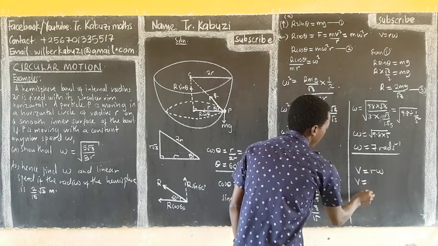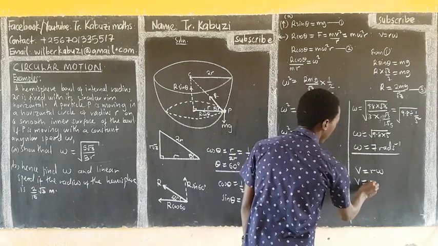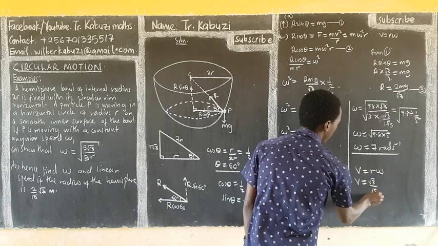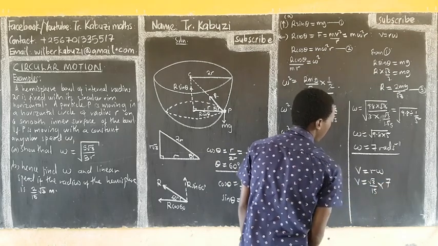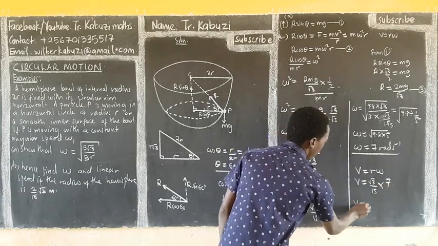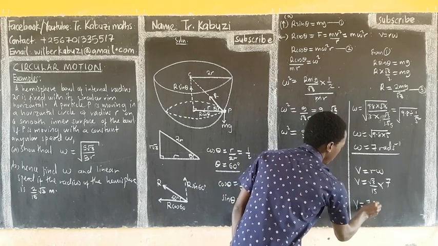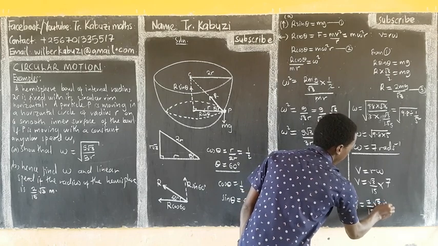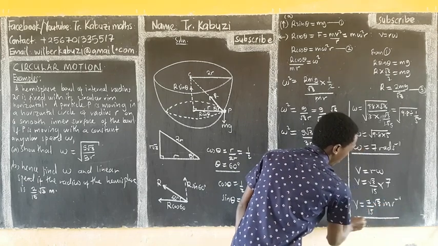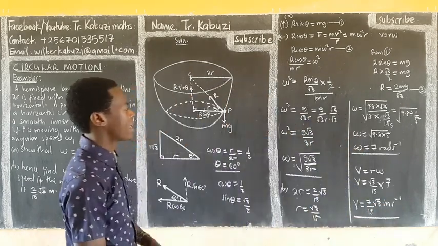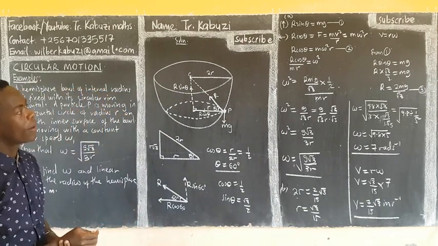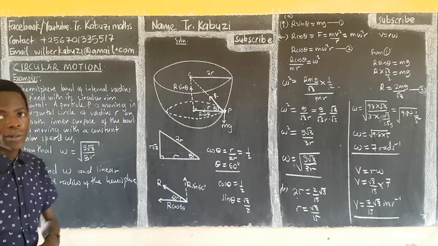My radius here is root 3 over 15, times 7. And so this is going to give me 7 root 3 over 15 meters per second. So that's how we handle that question. I wish you well.